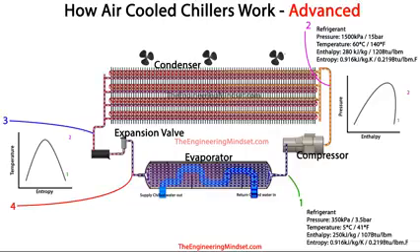Notice in this one that the pressure has increased as well as the temperature. The enthalpy is also increased, but the entropy has remained the same, and that's because we're compressing the refrigerant here.